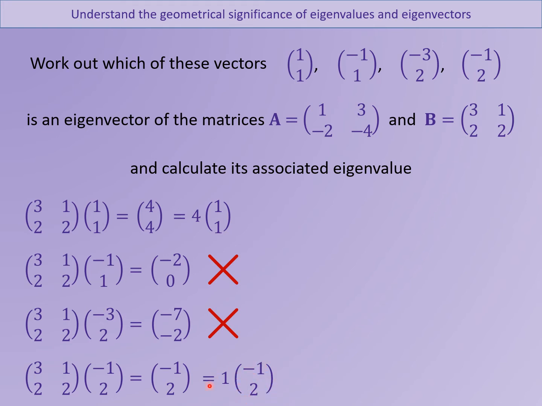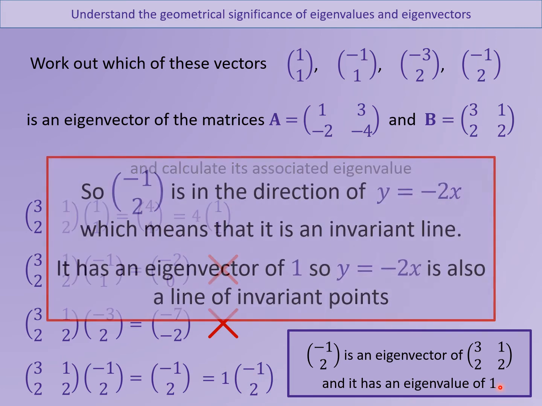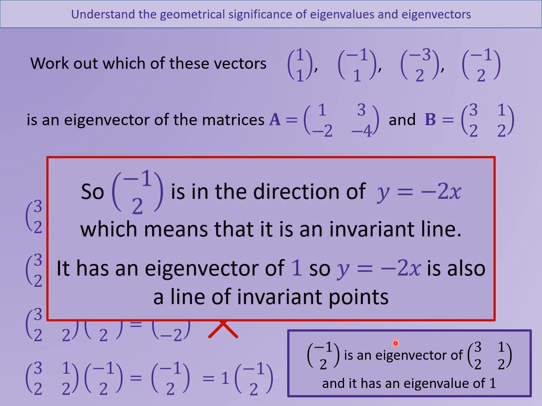But what's important about this multiplier factor here, it is also going to be an example of an invariant line of invariant points. Okay, I've given you that as an example there. So in this one, we can convert it to an invariant line by just looking at the relationship between these two. So if x equals minus 1, y equals 2, that's the relationship for that. y is minus 2 lots of x.